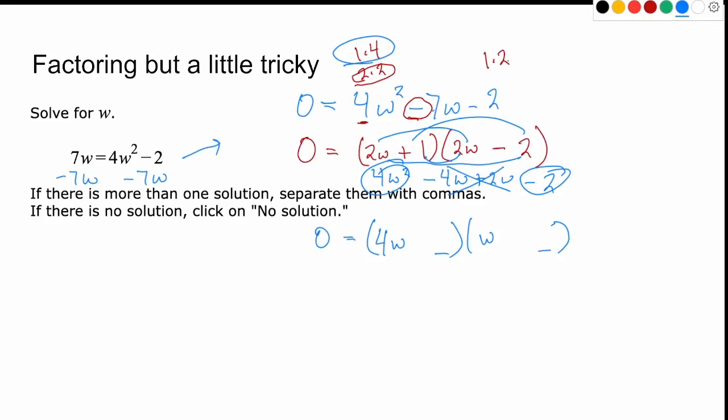Well, if I take 4 times 2, I'm going to get 8. So I'm always thinking ahead. And then if I subtract off 1 from that, I'll get 7. Well, okay, that's how I get the 7. But remember, it's a negative 7, so where do I want to put the negative? I want to put it on the largest product. The largest product is going to be 4 times 2. That's going to give me my negative 8. So plus has to go there.